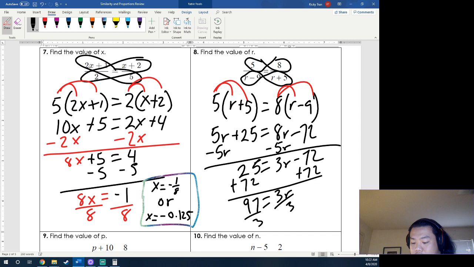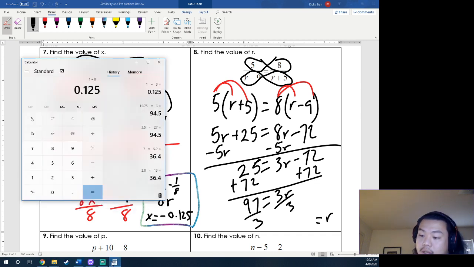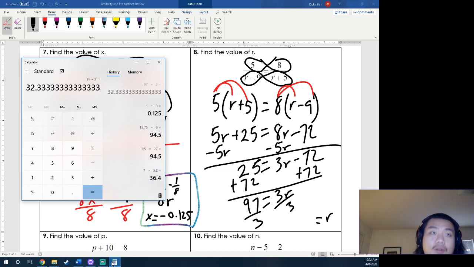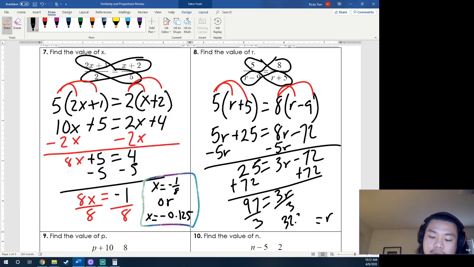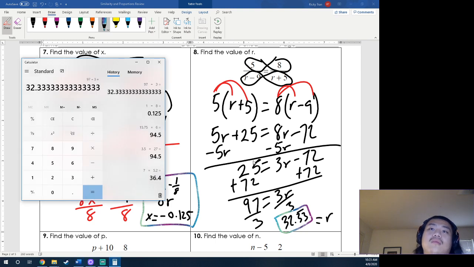Divide by 3, divide by 3, r is equal to 97 divided by 3, or 32.33 repeating. There's your answer. All right, nice and easy. Simple.